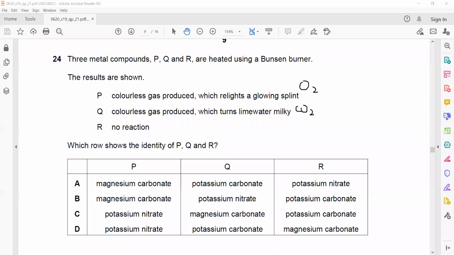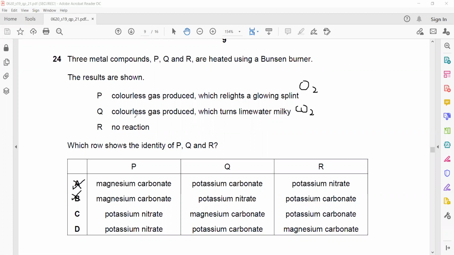Compound P is giving out oxygen. So if it is giving out oxygen, how can it be a carbonate? It cannot be a carbonate, because nitrates on thermal decomposition give metal oxide plus nitrogen dioxide plus oxygen.